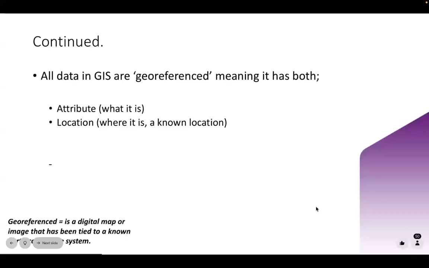All data in GIS are georeferenced. You'll either georeference, meaning it has both the attribute, as in what it is, and also the location. For crime data, an attribute might include who or where the call was received, or even just information about the type of crime recorded.